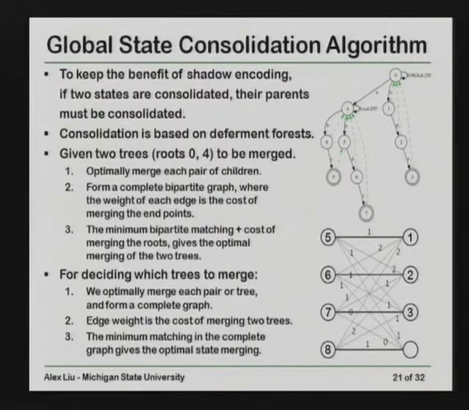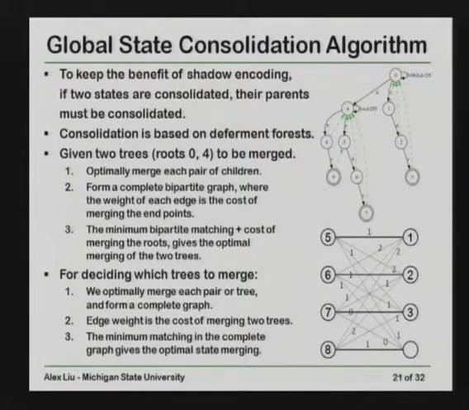You're given two trees in the deferment forest. We first merge the root, and then for their children, we need to find the one-to-one mapping, right? So which state maps to which state, which state will consolidate with which state in another tree.